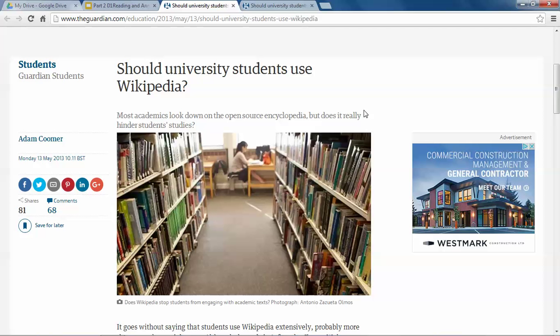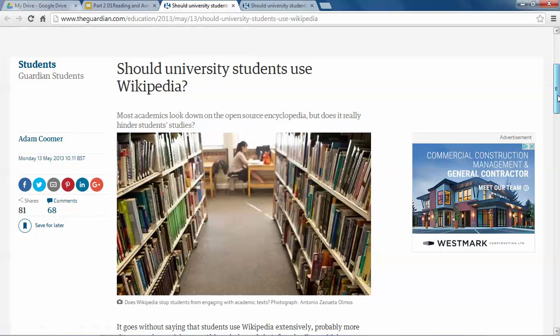Students use Wikipedia, but academics don't want them to use it. There must be some cons associated to that, but students must be seeing some pros. And if I look at this too, look down means you dislike something, you don't think it's good quality. And open source encyclopedia means, of course, anybody can contribute.